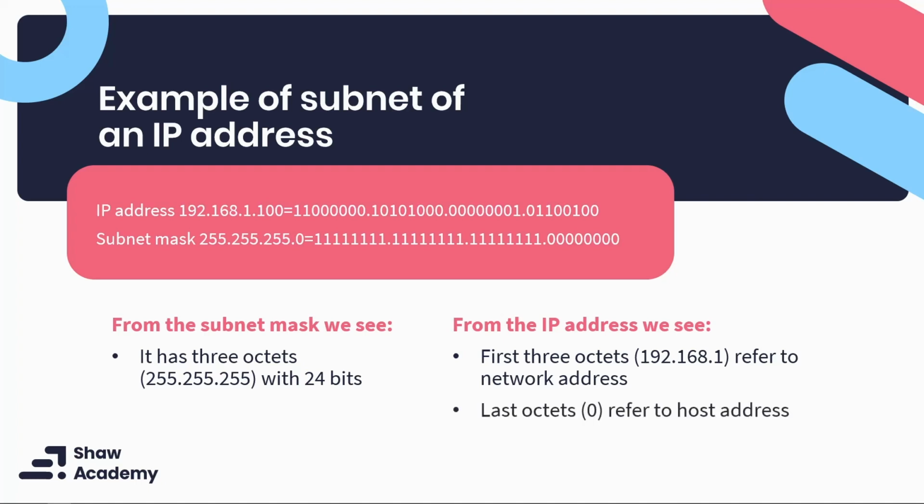The last octet, 0, refers to the host address. The network address identifies the particular network the IP address is on, while the host address identifies the number of hosts or connected devices on that particular network. In this specific example, any IP address with 192.168.1.0 would fall under the same network.